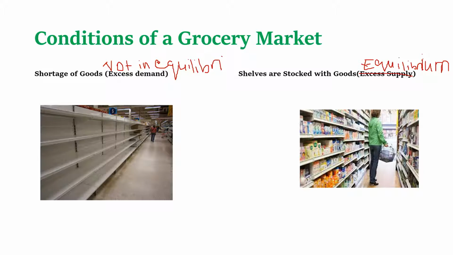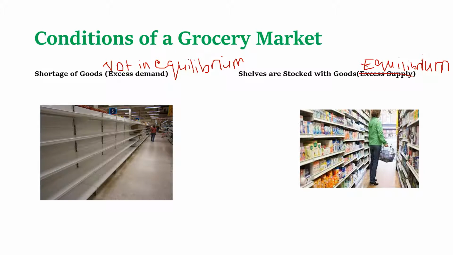So this market is not in equilibrium. I go to the market to buy something. I can't buy whatever I want to buy. The market is not in equilibrium. There is excess demand here. Demand exceeds supply, okay?